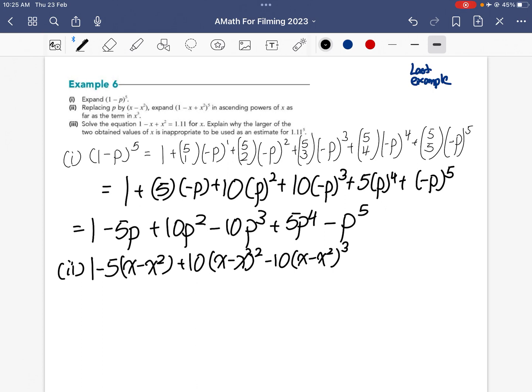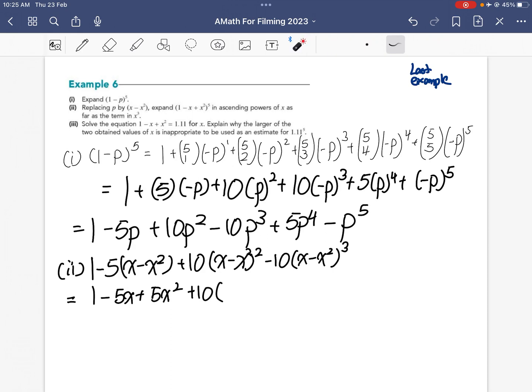Okay, so what happens here is this. If I start to expand here, what I get is 1 minus 5x plus 5x squared. So this expands to this. Now the next term is plus 10.